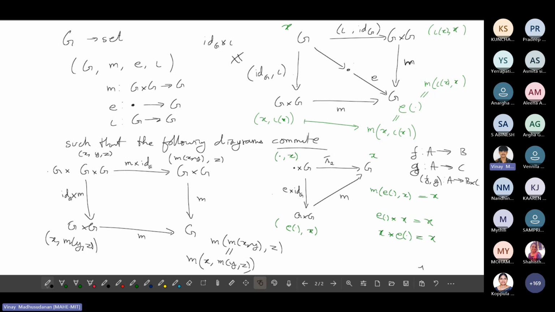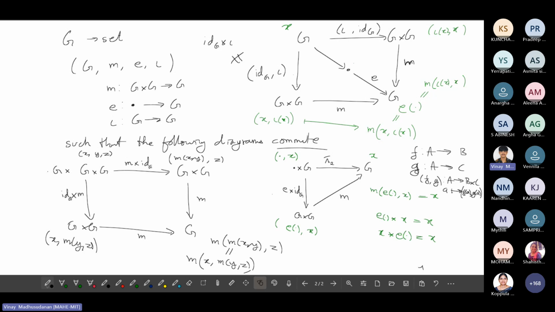How is this possible? You take one element of A, you can map it to two different elements. One is f of a, one is g of a. f of a is an element of B, g of a is an element of C. So it maps to (f of a, g of a). Using the same element a, you get two different elements, one in B, one in C. So this is that mapping, not to be confused with this mapping.